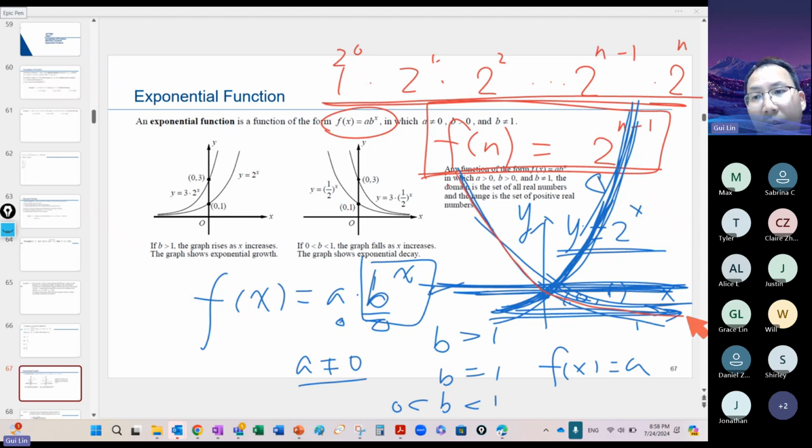They also cross this point (0, 1), but it goes down and never crosses the x-axis. So it's decaying, initially very big and then going down slowly, but very close to 0 when x gets super big.